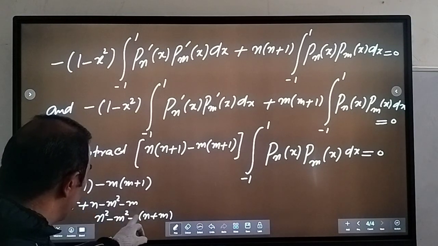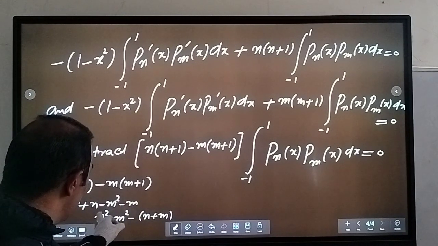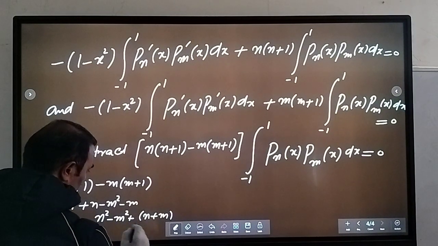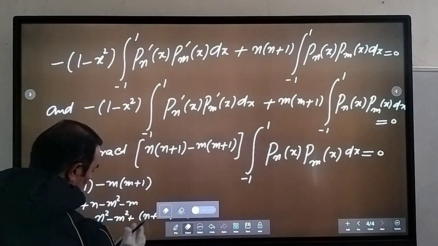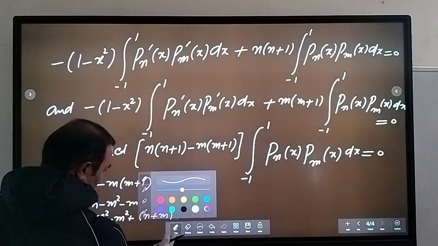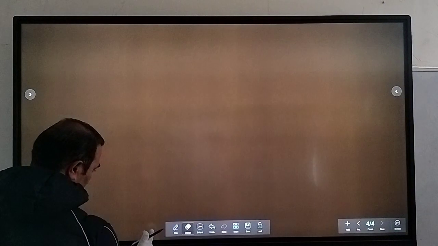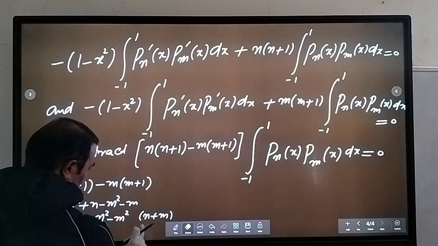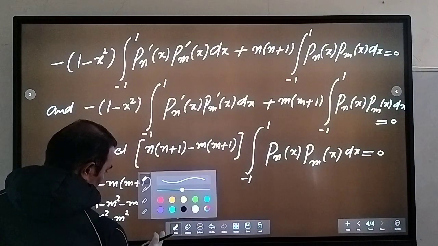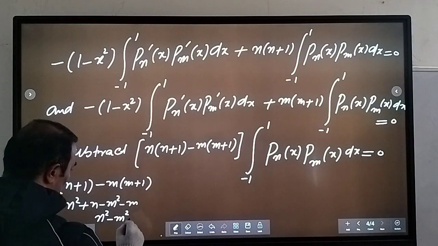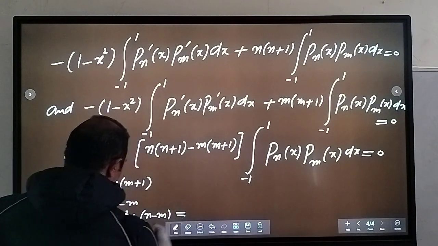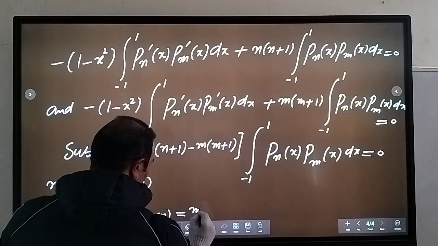You can take n square minus m square, and write plus here. Okay, let me, there's a mistake now. Okay, you write this as, so this will be n square plus n minus m, right? So I can write that, that is n.